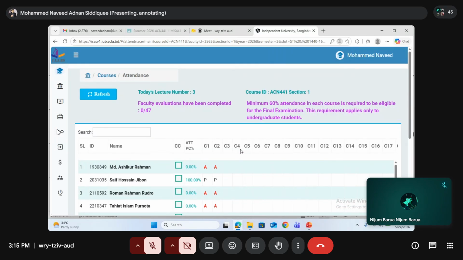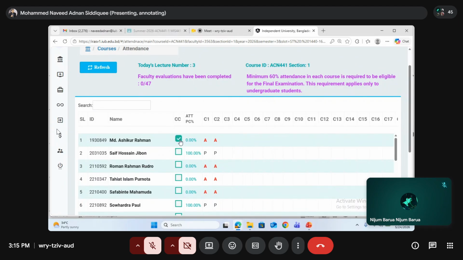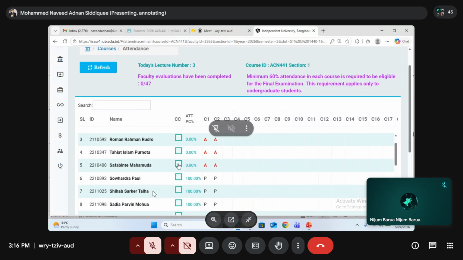Ashikur Rahman, Yes, sir. Saif, Present, sir. Tahiyat Islam, Present, sir. Safa Binte, Present, sir.